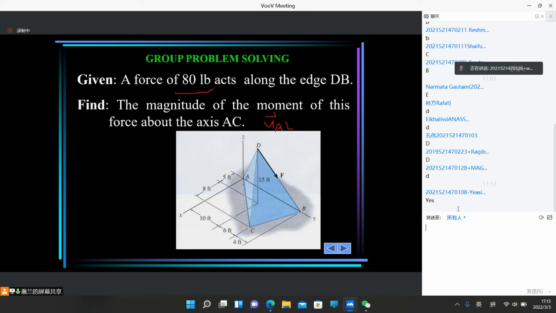Yes, the first step is to find out the position vector RDB. After you find it, we need to divide by its magnitude, because what we want is the unit vector along DB, or along F, right?